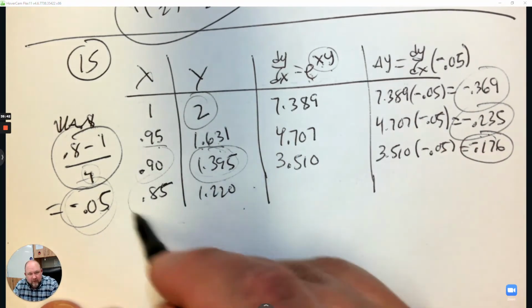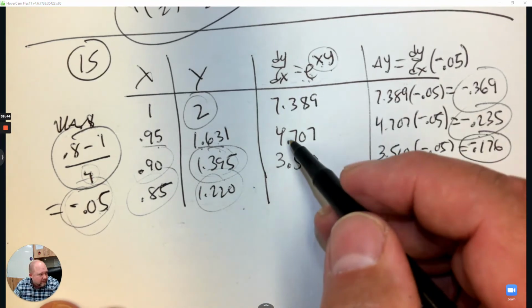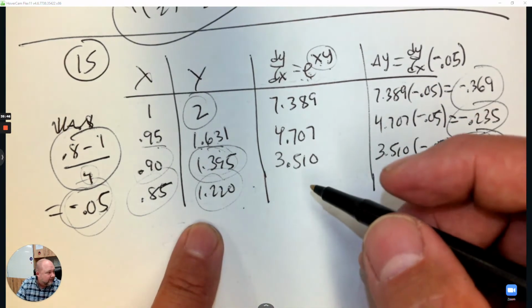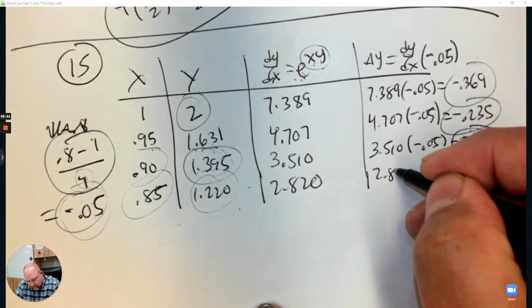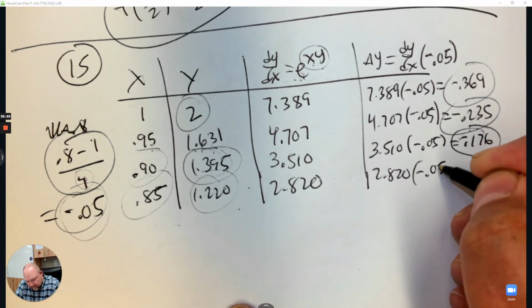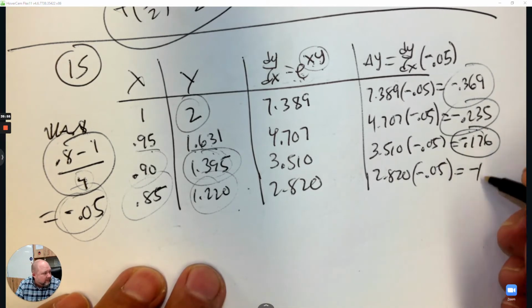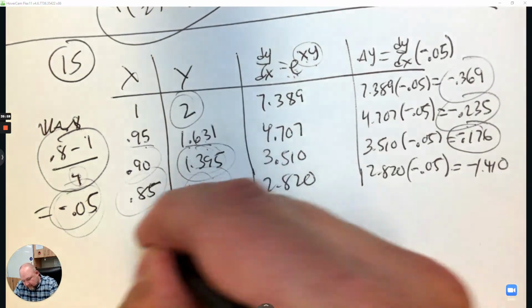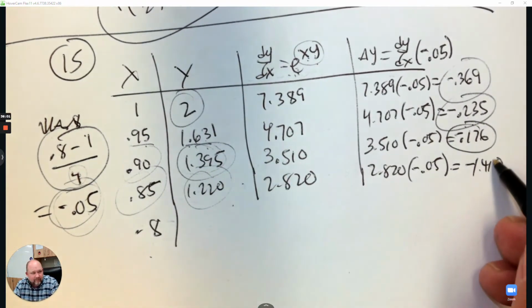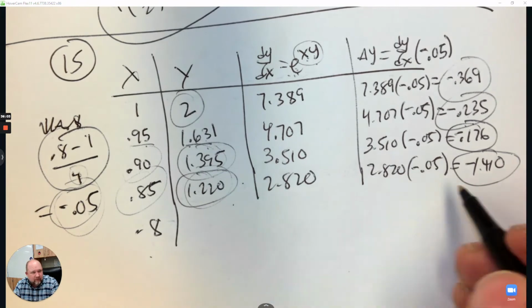E, and you multiply these together, e to that exponent, and you get 2.820. So take 2.820 times negative 0.05. We're almost there. This is what I wanted to get to. Take the answer, 1.220, subtract.